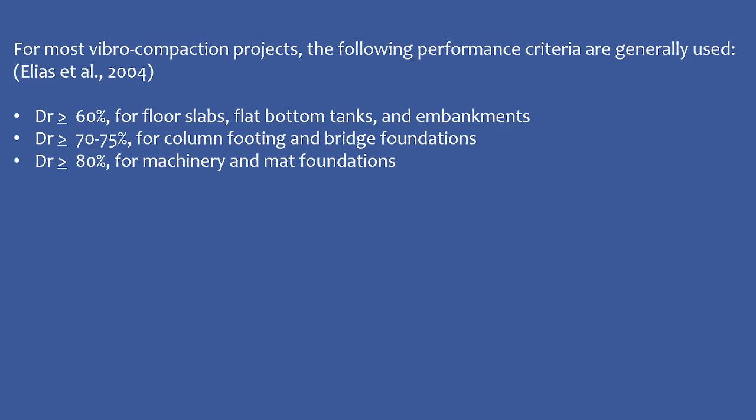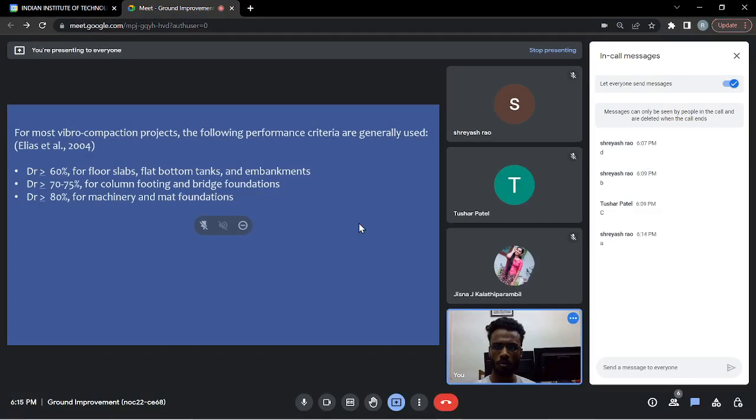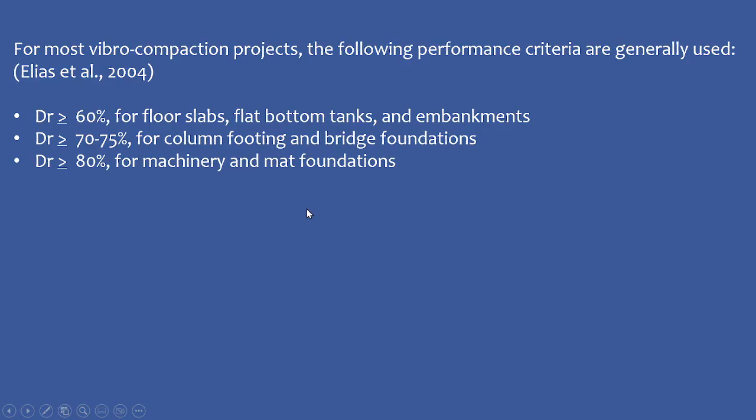And for machinery and mat foundation, because these types of foundations are subjected to dynamic loading, beforehand, before the construction or before any cause like an earthquake or any vibration, our soil should have that much density.